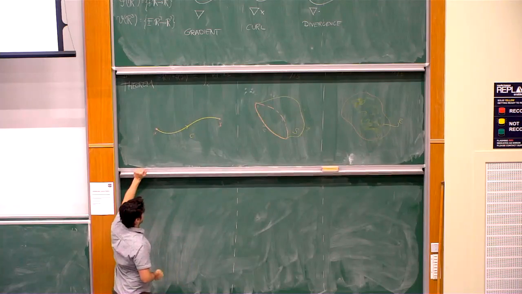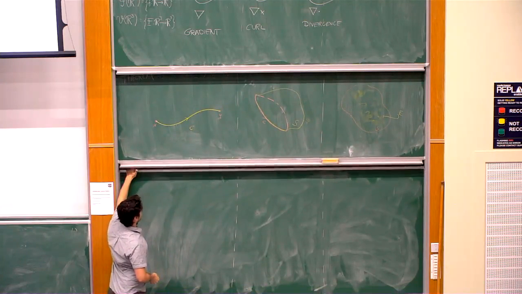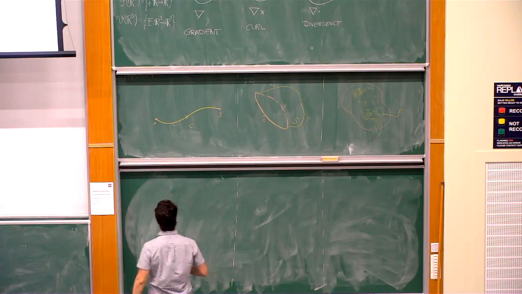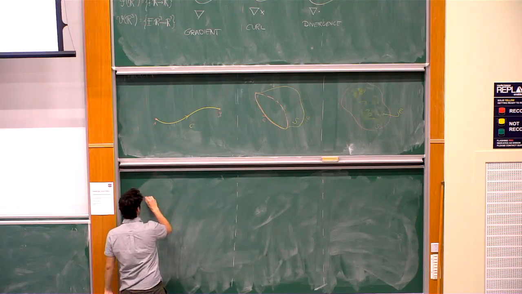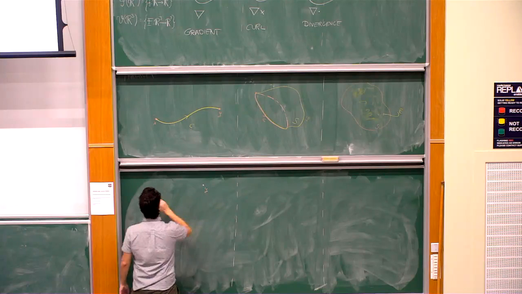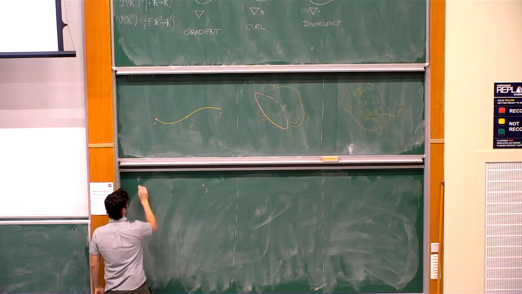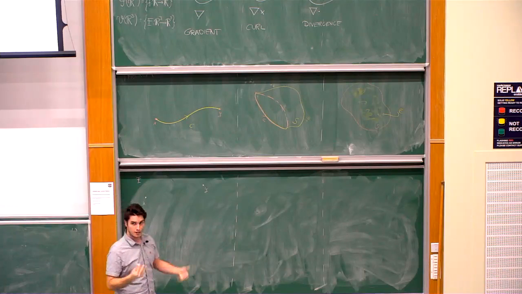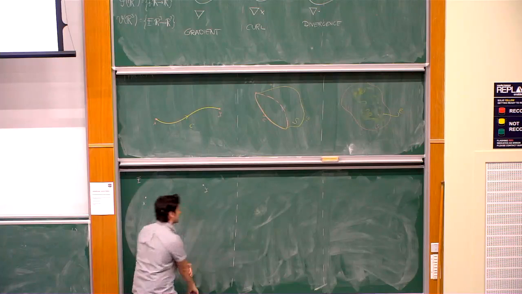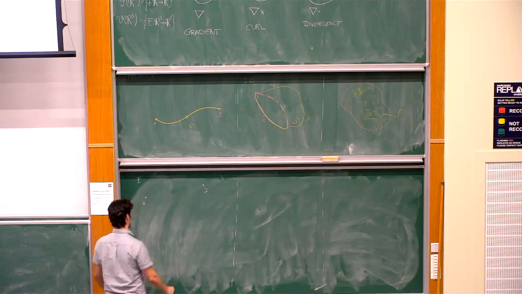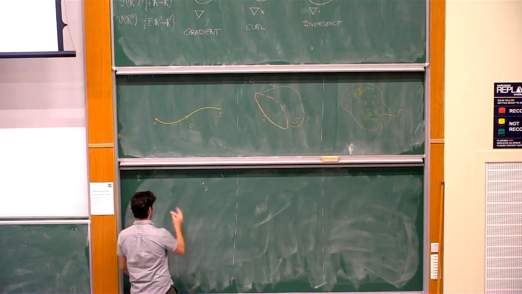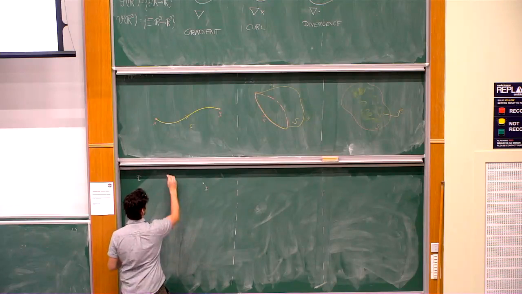Okay, so things we can say about vector fields and integrals. For example, if I give you two points, x and y, and a vector field, this is very much the question of conservative vector fields.